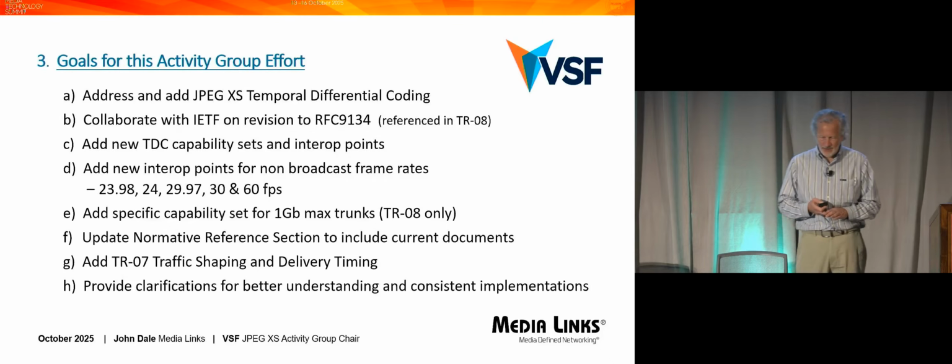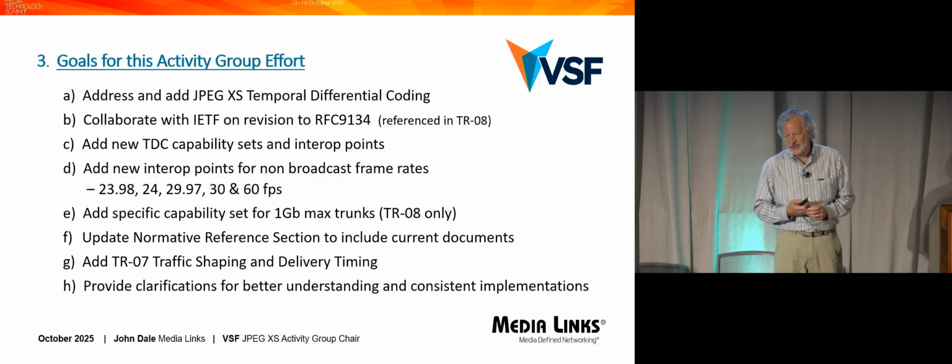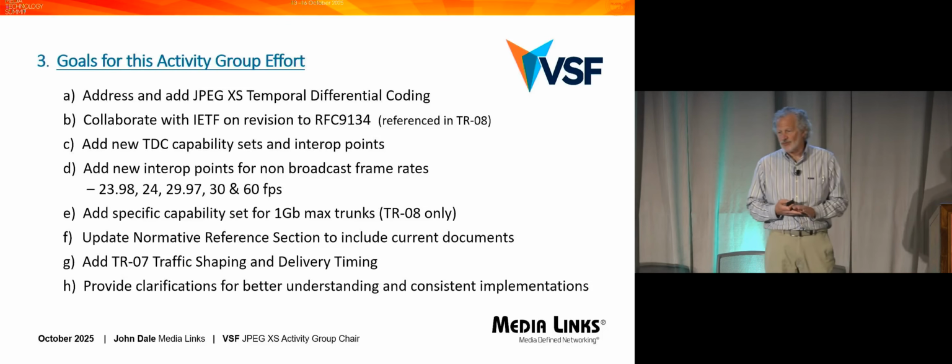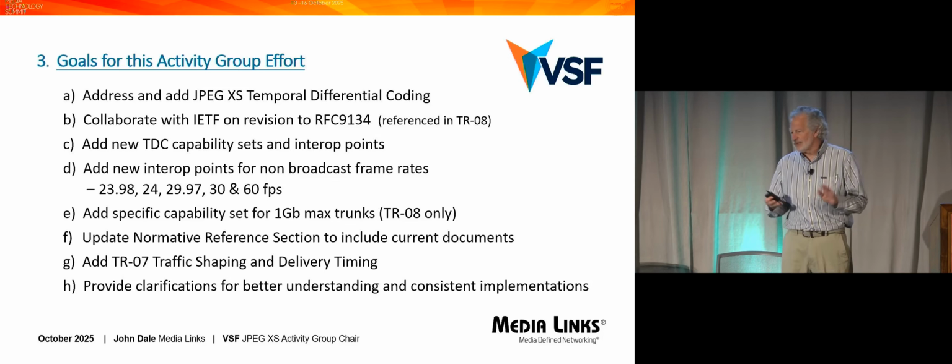A number of the documents have been revised since the original publication. Item G on this list, talk a little bit more about that, is traffic shaping and delivery timing. This is a real key area of concern for interoperability testing and something that wasn't described, especially in TR-07 when we did the original document. And then overall, provide more clarifications and better understandings for implementers.